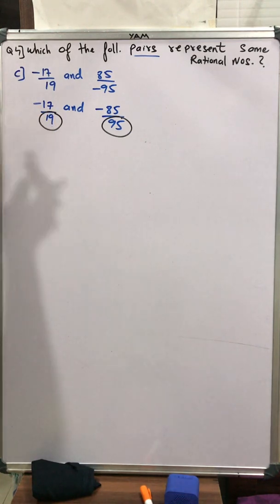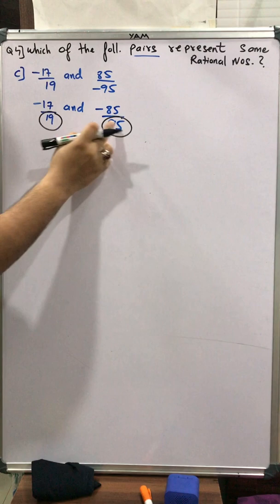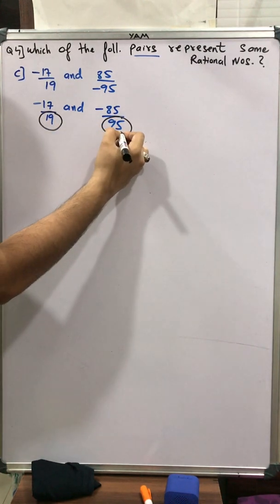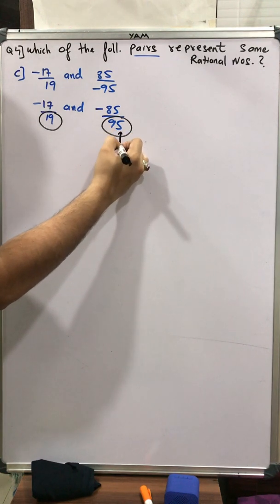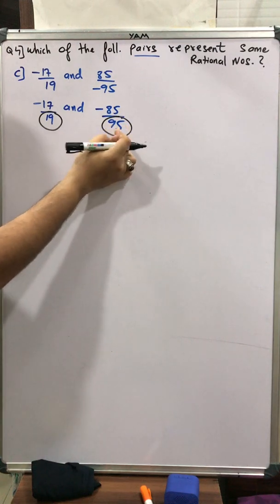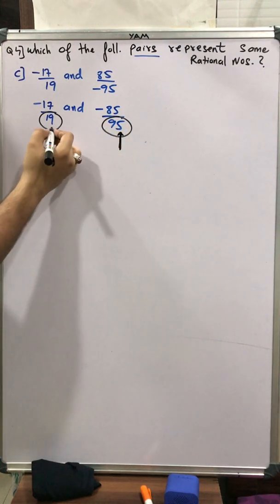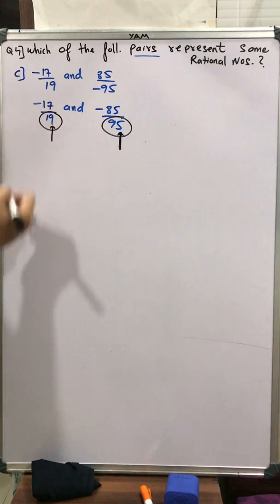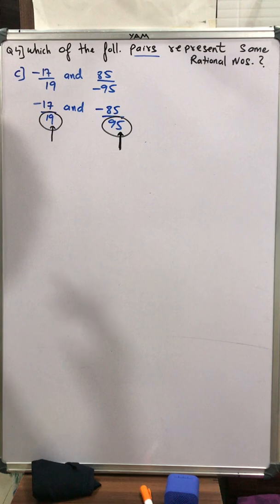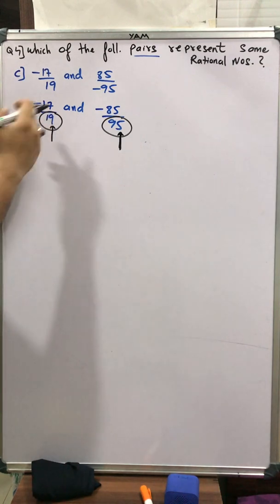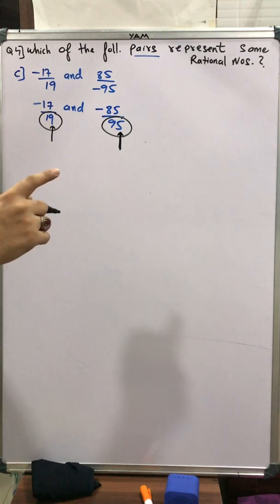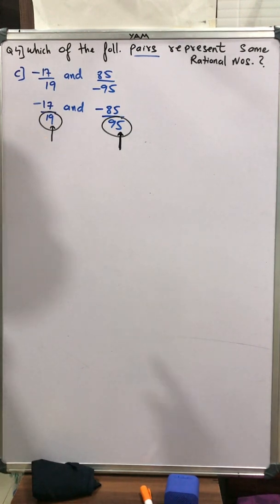Okay, here I have 19, here I have 95. Students, please see how I am thinking. I saw that I have 5 here at the units place of 95, and at the units place of 19 I have 9. So I started 9 times table in my mind. 9 ones are 9, 9 twos are 18, 9 threes are 27, 9 fours are 36, 9 fives are 45.